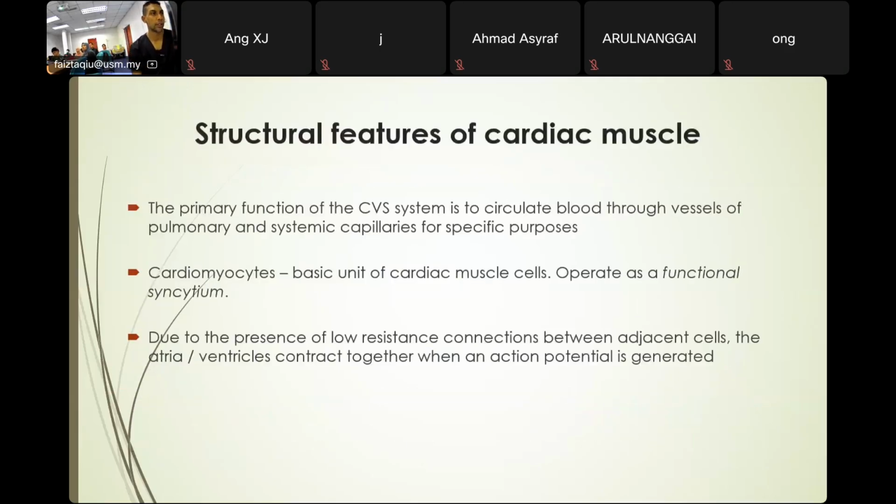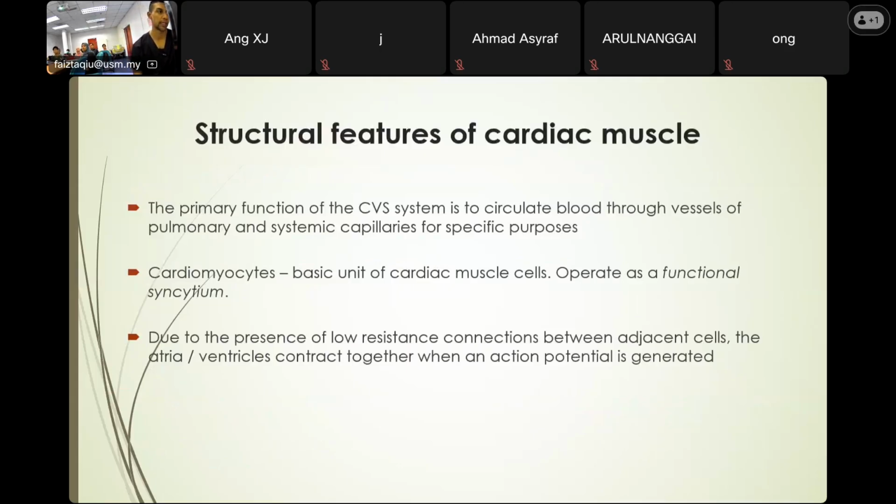So very quickly, we'll go through the structural features. The basic unit of the cardiac muscle is the cardiomyocyte, and they operate as a functional syncytium. A syncytium is a unit that carries out a function together.